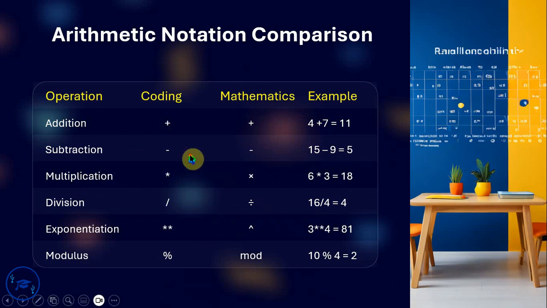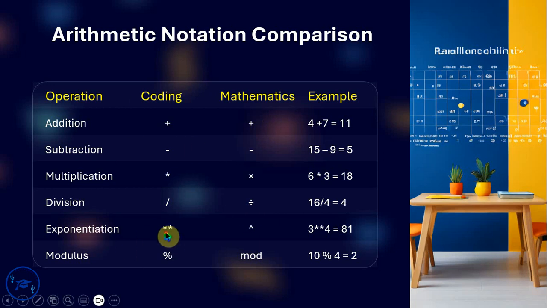For multiplication, maths uses a small x, but for coding, it uses the asterisk symbol. For division, we use the forward slash in coding, but for mathematics, we use the symbol with the dots and the bar in the middle.